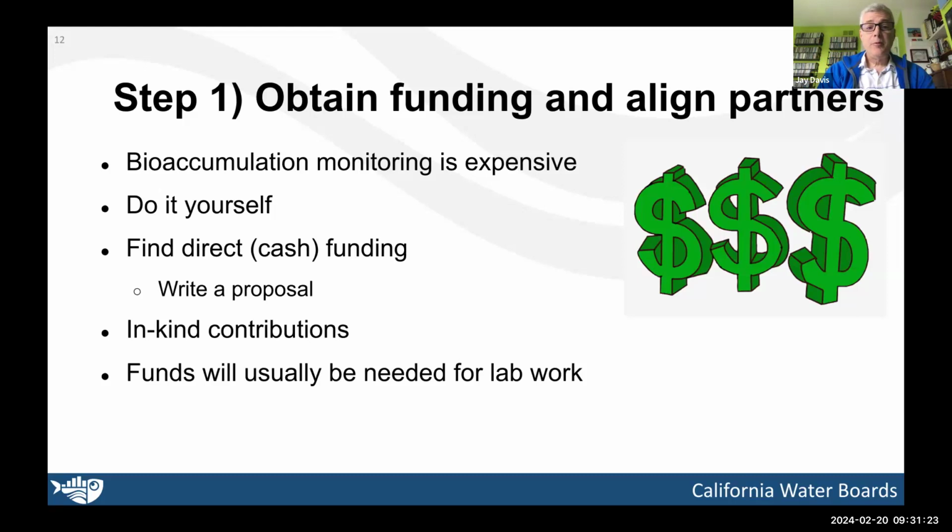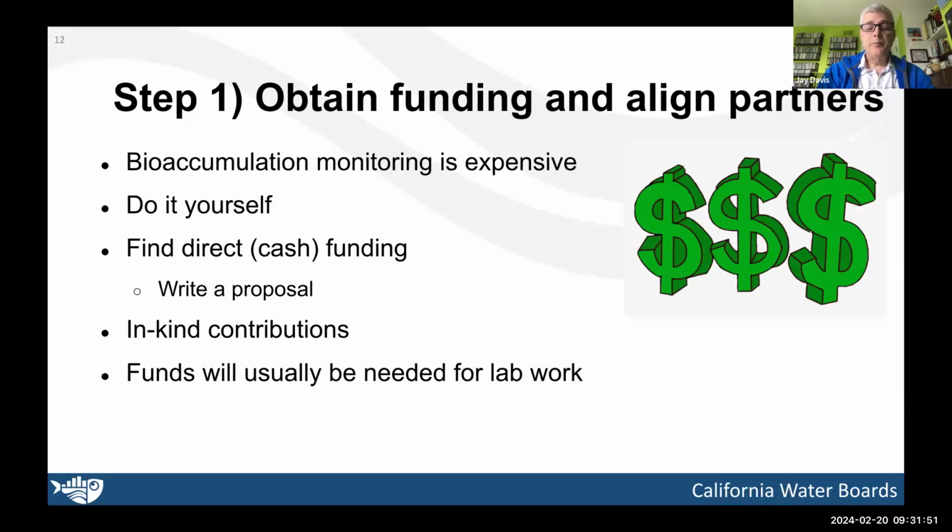So one form of resources is doing it yourself, and there are a lot of parts of this that you can do yourself. The planning, laying out the sampling plans, collecting the fish or the species that you want to analyze, and then doing the data management and reporting.